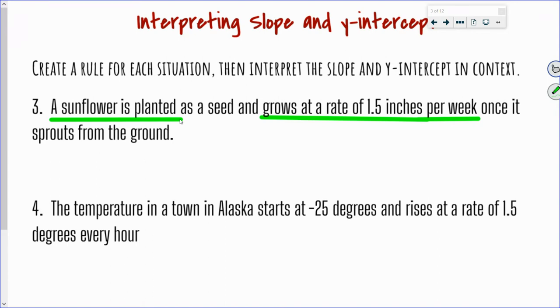Second one: the temperature in a town in Alaska starts at negative 25 degrees and rises at a rate of 1.5 degrees per hour. Those are the parts I want you to write down. Go ahead and find the y-intercept, find the slope of each, and then write a rule or an equation to illustrate each situation.